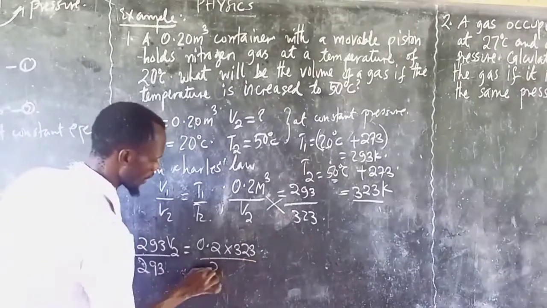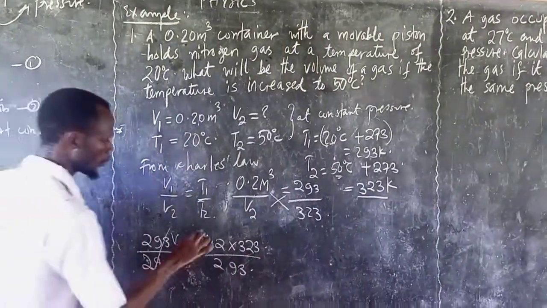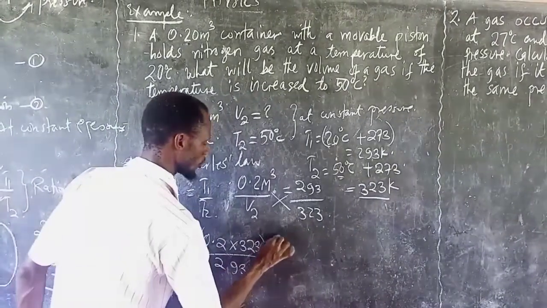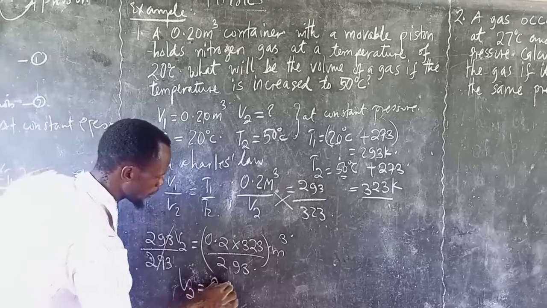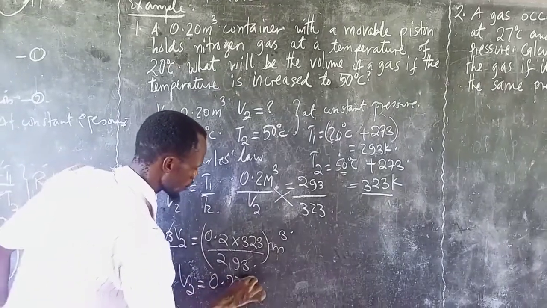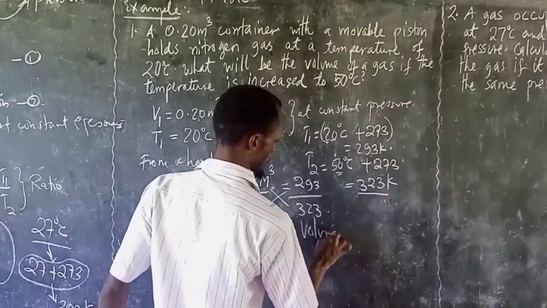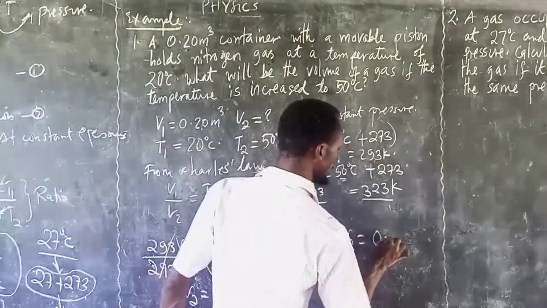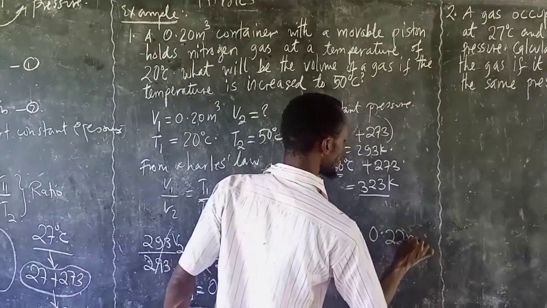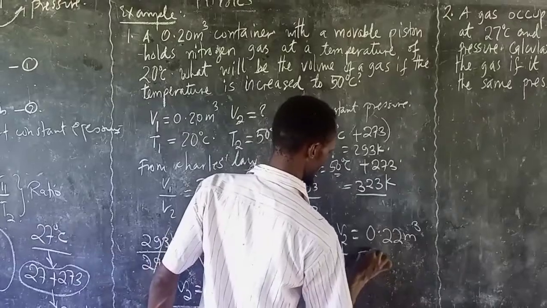This cancels, and you remain with meter cubic. The second volume will be equal to 0.22 meter cubic at 50 degrees Celsius.